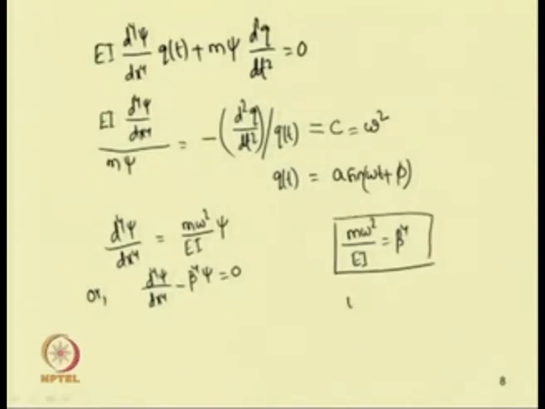From this one can find ω² equal to EI/m into β⁴, or ω equal to β² into root over EI/m, or if one multiplies by L, this ω can be written as β²L² root over EI/ρL⁴.